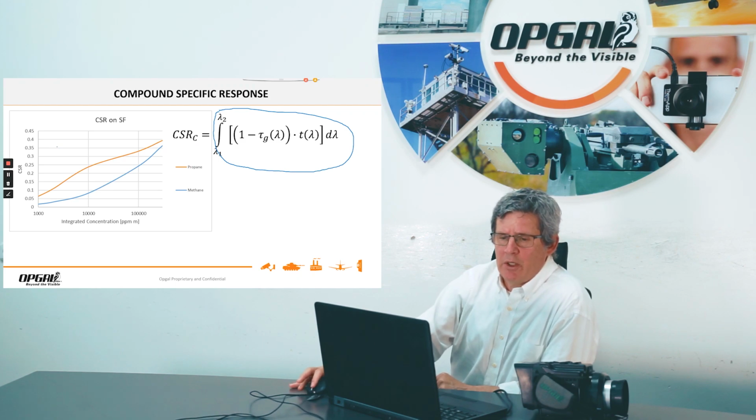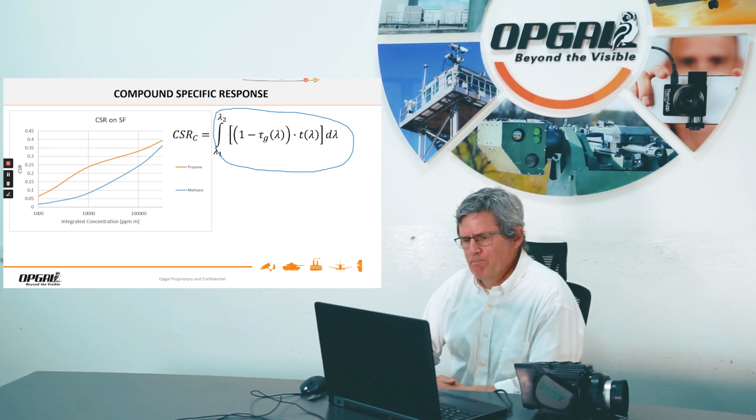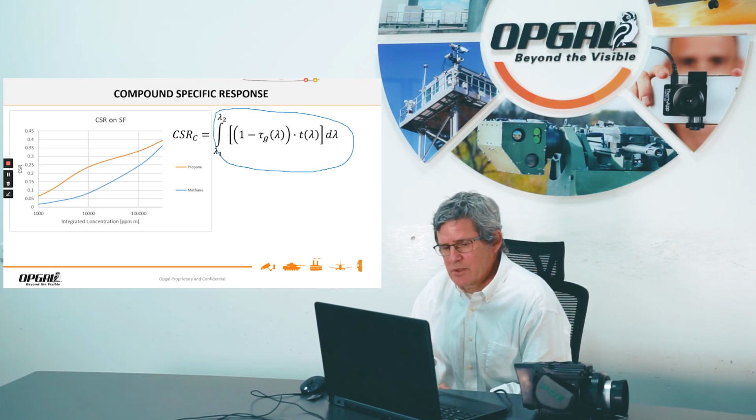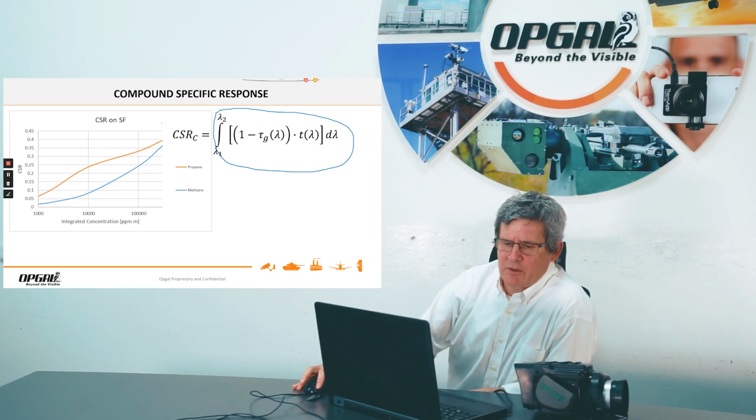And what I show here on the left is that for different compounds, first of all, it's not linear, and these values are actually a function of the concentration, and the response is not linear.